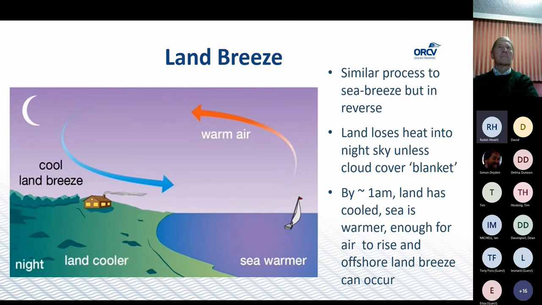And so there's enough temperature difference between the sea, and the air starts to become relatively warmer, lighter, and rises over the sea, whereas the land has been cooling for some time, and sufficient temperature occurs for a circulation to start up, which gives you what's known as a land breeze.